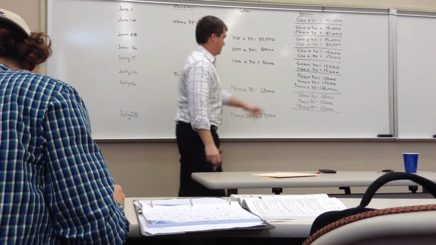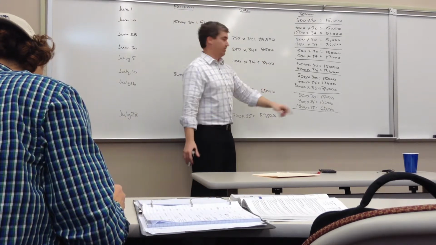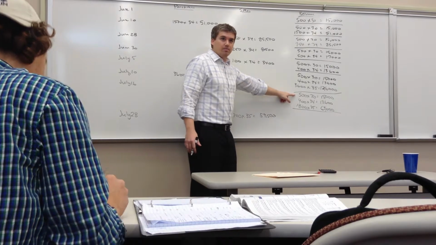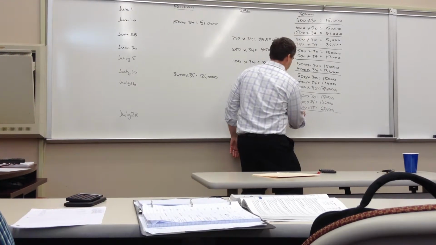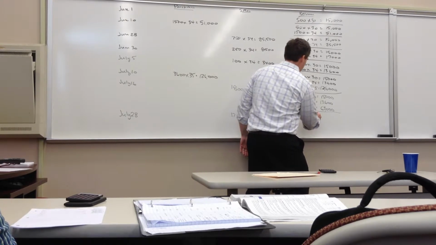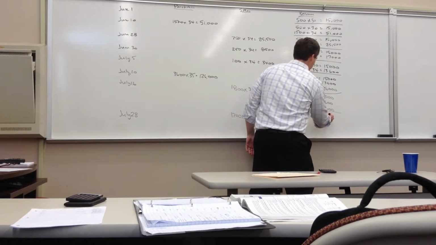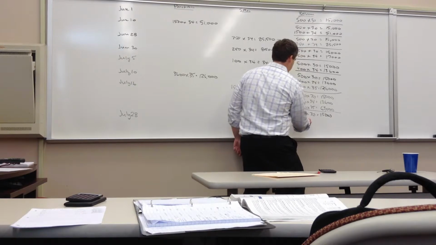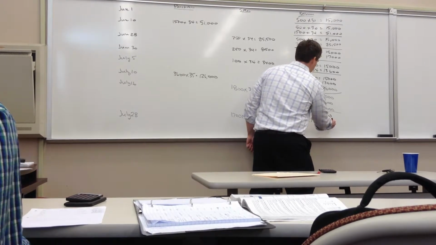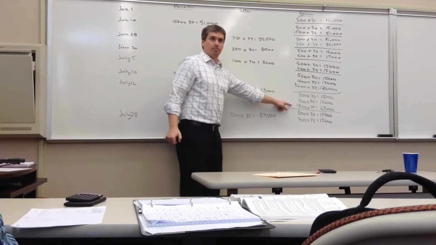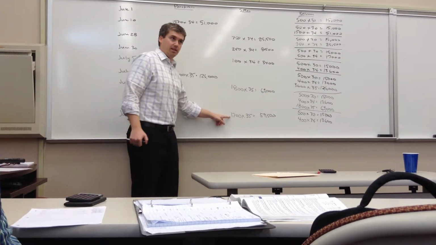Okay? Remember to update. And then the question you ask yourself is, have I still got those? Still got those, right? All of these came from here. So I still have 500 at 30. I still got 400 at 34. And now I still got 1,800? Now I sold 1,700 of those. Right?